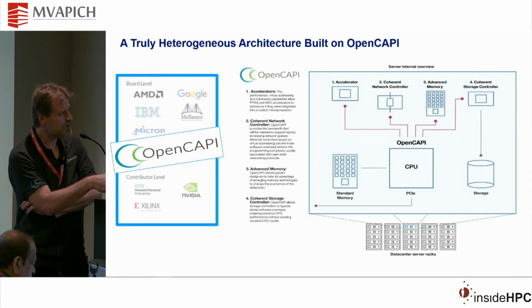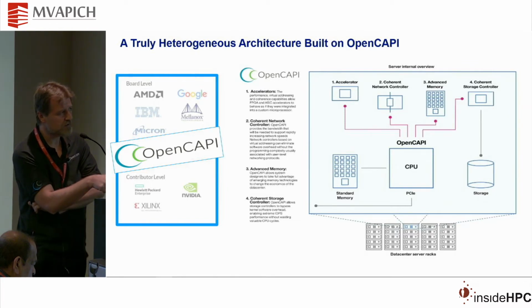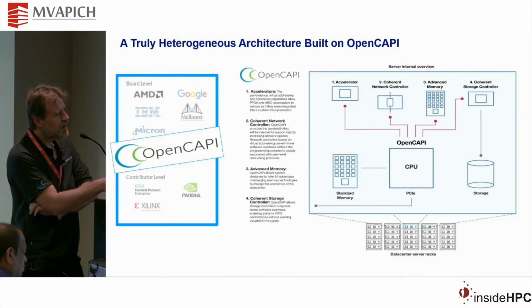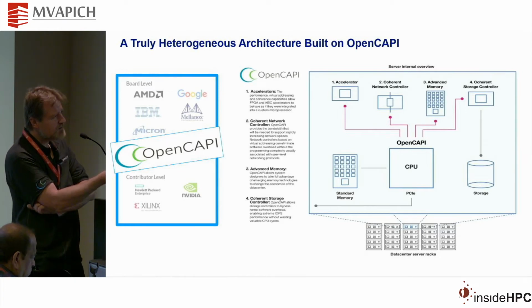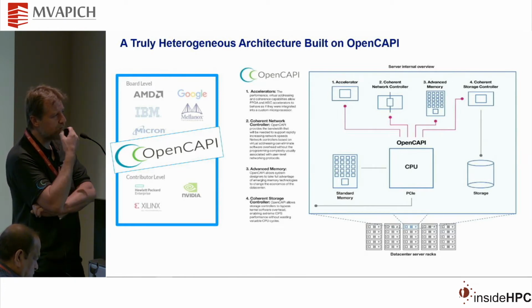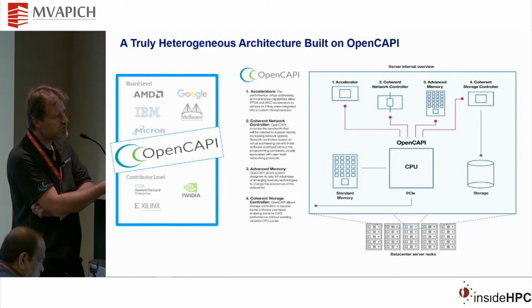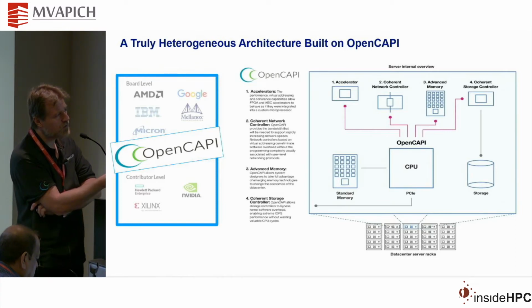So, OpenCAPI. We spoke about this with OpenPower. It's somewhat related because many companies participated here, almost the same companies as OpenPower companies. I don't like this chart much because it's not always easy to understand what we can get out of it, but basically what we want to know is that because you have this P9 in the middle, and because of OpenCAPI capability, you can look up different solutions such as acceleration, coherent network controllers.